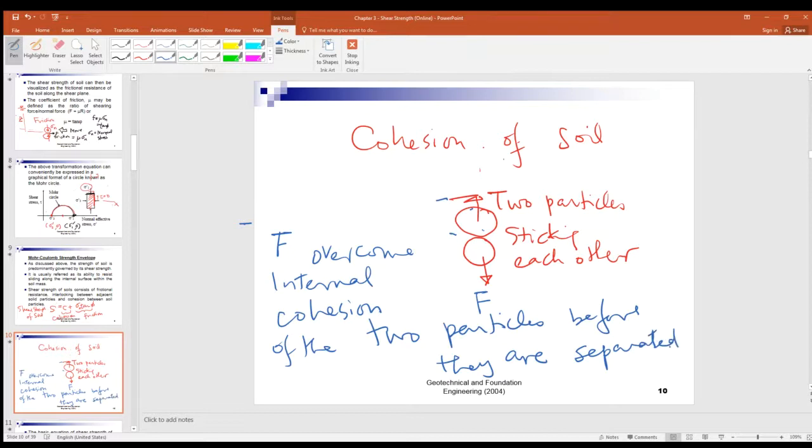So if you want to separate the two particles, you have to overcome the internal cohesion. So there's a cohesion here. They are sticking, this is the cohesion.